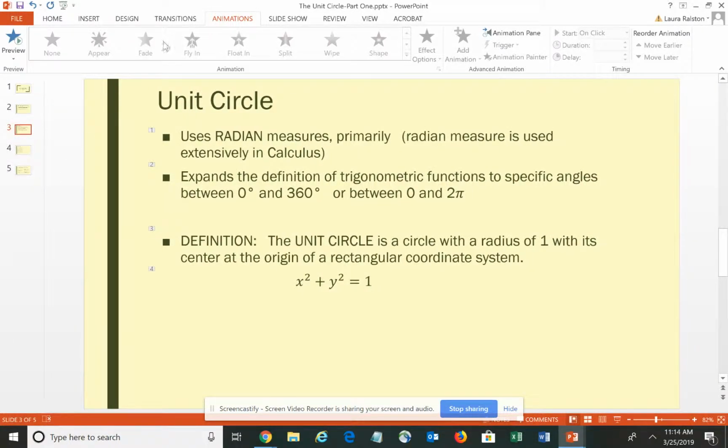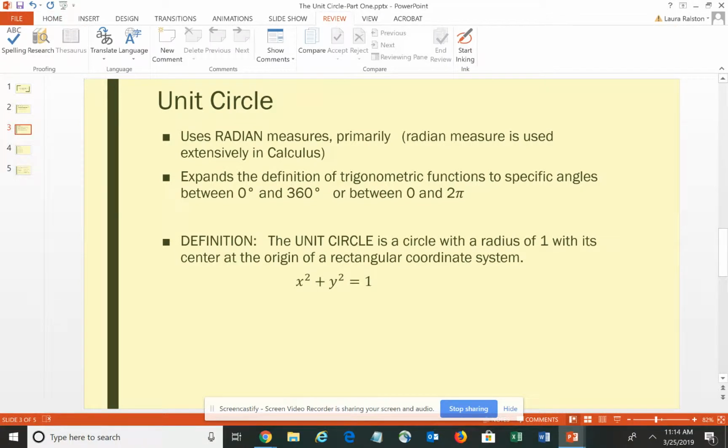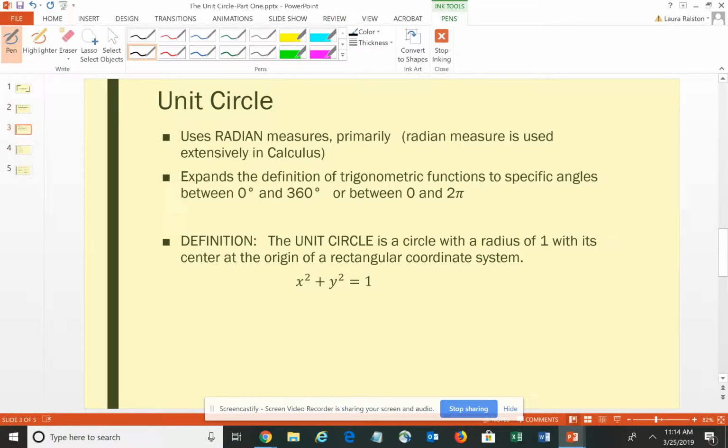Now you may remember, just a quick review, that the formula for a circle is (x minus h) squared plus (y minus k) squared equals the radius squared, where h and k correspond to the center of the circle and r represents the radius.